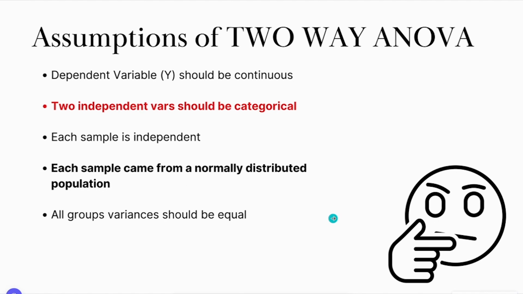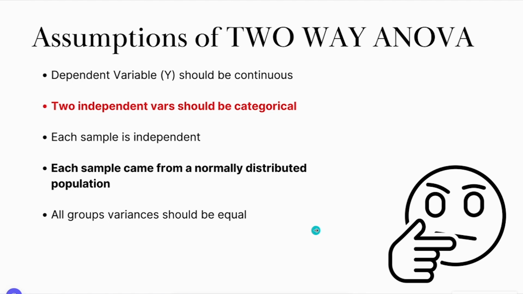Okay, so there are also assumptions that go along with hypothesis tests, as in many other hypothesis tests. One is that the dependent variable, your Y variable, is continuous, such as height, weight, exam score, things of that nature. That the two independent variables that you are using are categorical. So in the previous slide, we talked about race, smoking status, classification. All of those are examples of categorical variables.